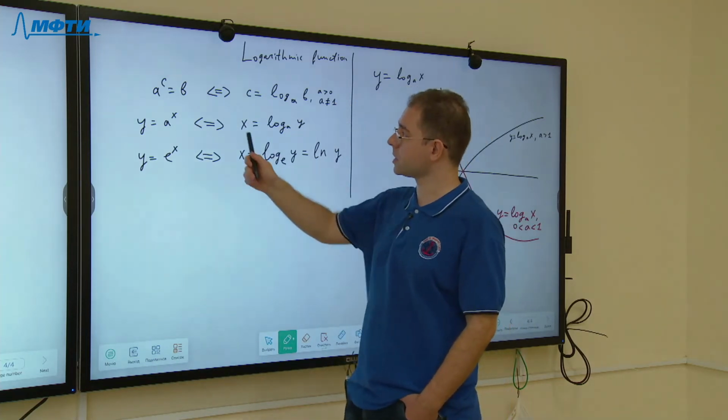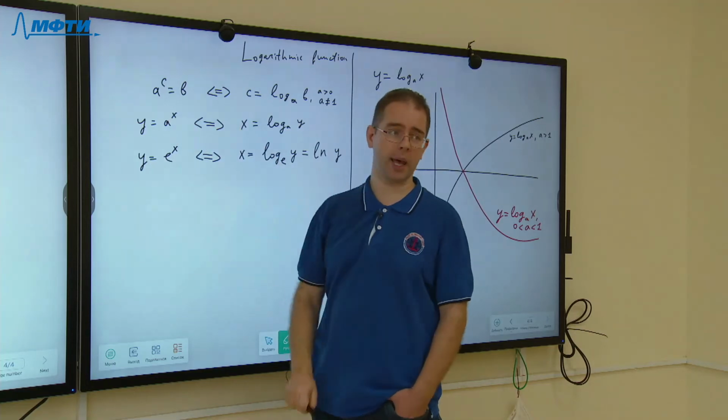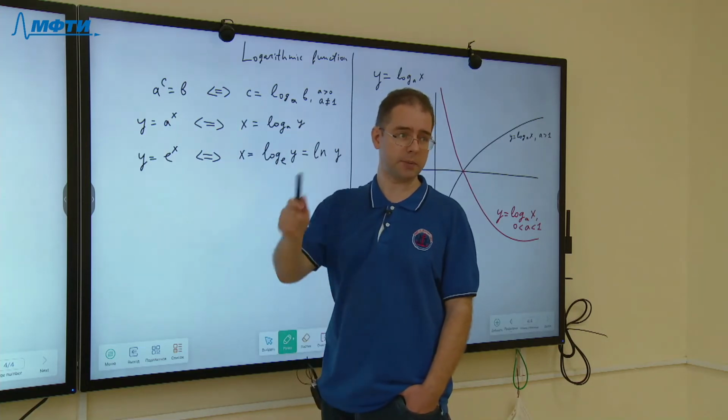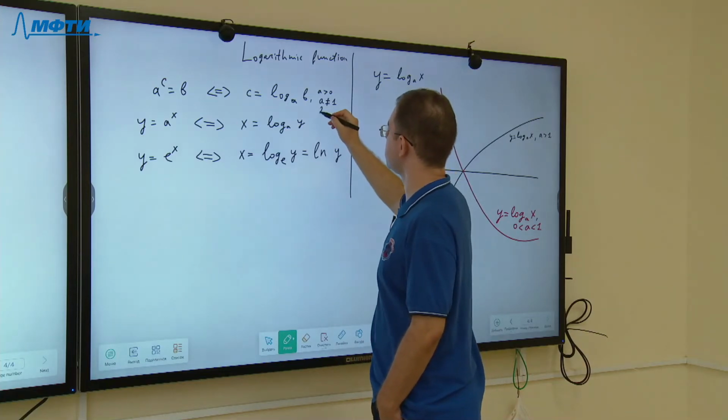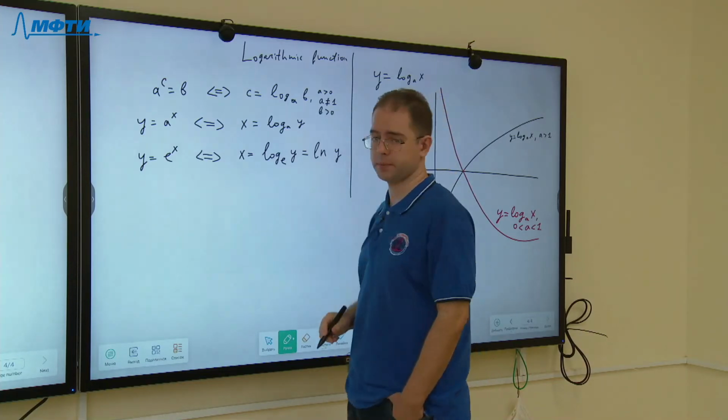And of course, since a power anything is a positive number, I will demand that b is also a positive number.